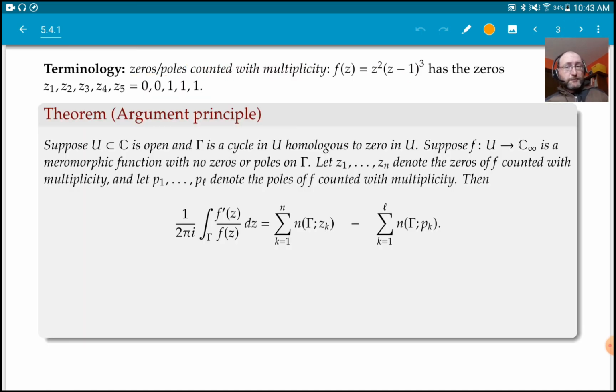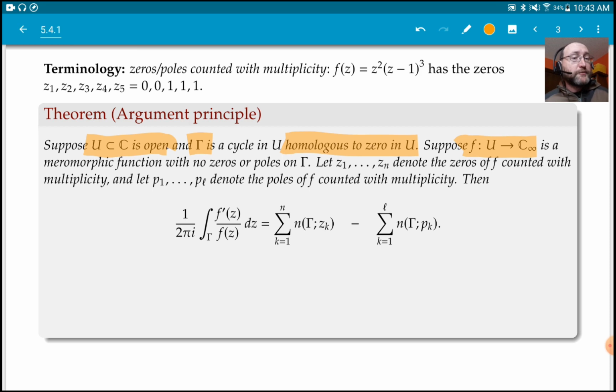So now we have the argument principle. Suppose that we have an open set U in the complex plane, and we have a cycle gamma in U that is homologous to 0. And again, what we mean by that, if you recall, is that it doesn't wind around anything in the complement of U. So, for example, for simply connected U, every gamma is homologous to 0. Suppose that we have an f in U, and we're assuming just meromorphic, not necessarily holomorphic.